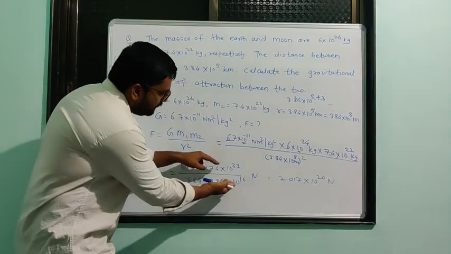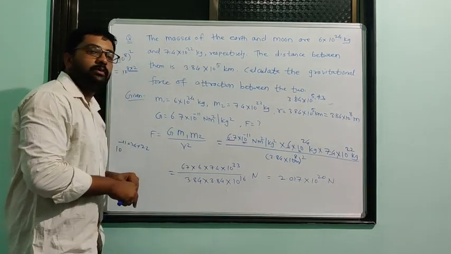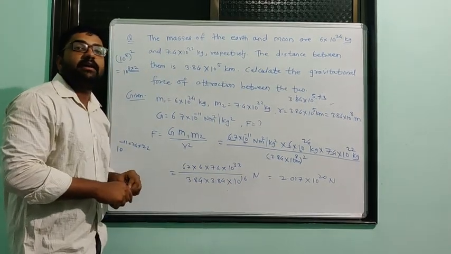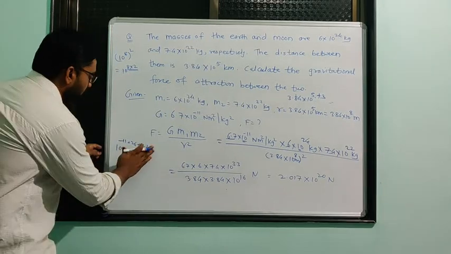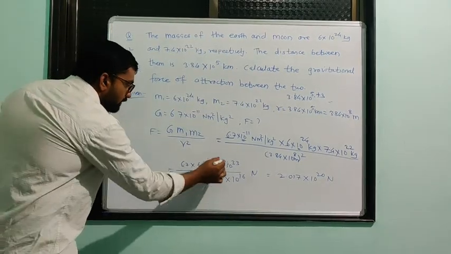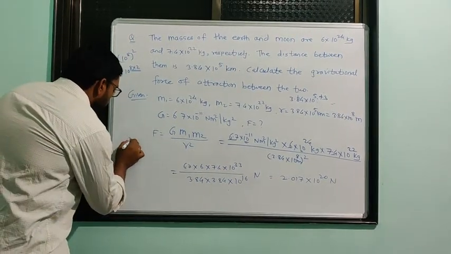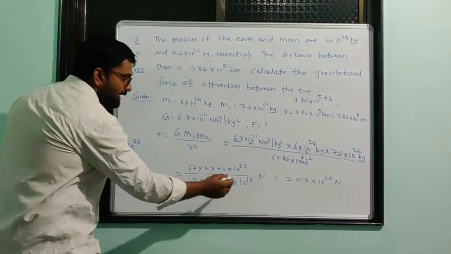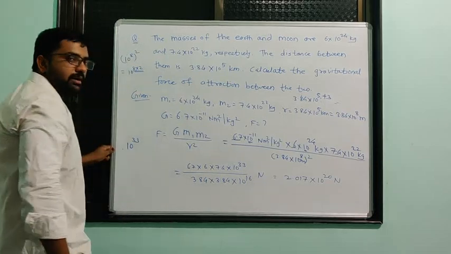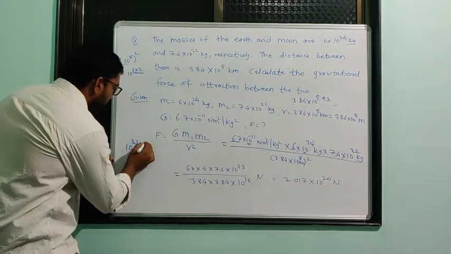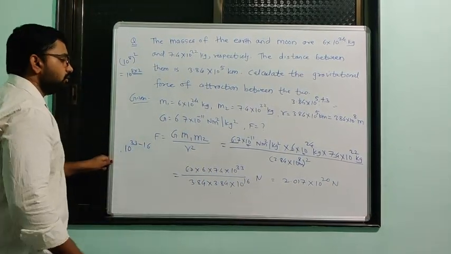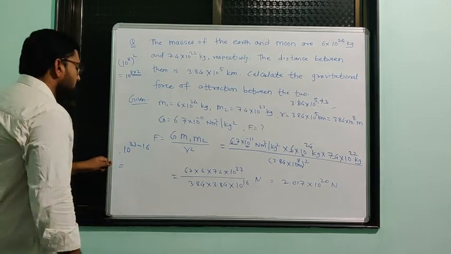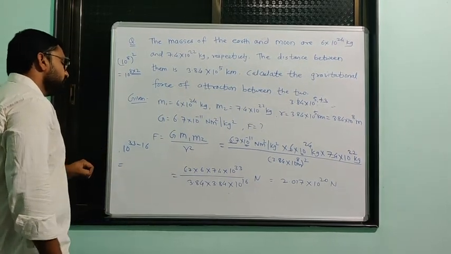So here if this 10 raised to 16 goes in the numerator, it will get a minus sign. So now this power is 10 raised to 33, and this becomes 10 raised to minus 16. So it will be 33 minus 16.